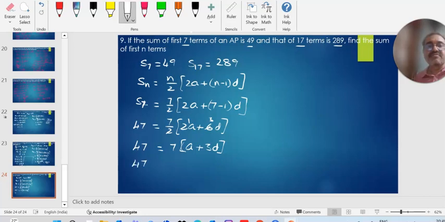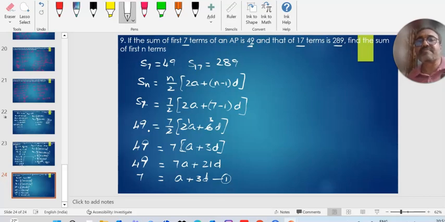So that is equal to 49 is equal to 7a plus 21d. 49 అండి. సో టోటల్గా 7 టేబుల్లో మరలా క్యాన్సిల్ అవుతుంది కదా. 7 7 7 1 7 3. సో a plus 3d is equal to 7. Let us suppose it is 1.